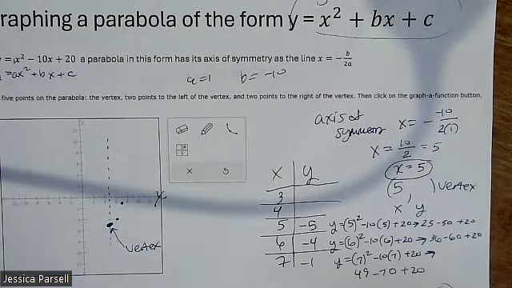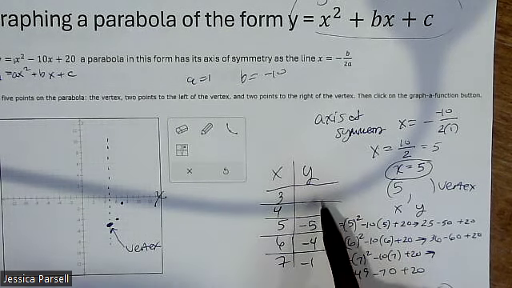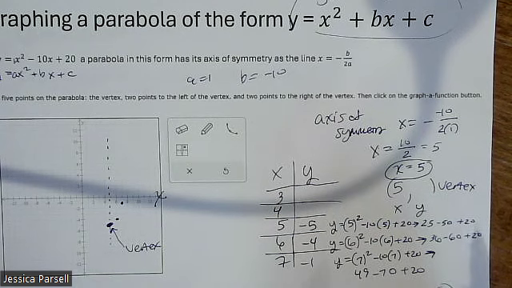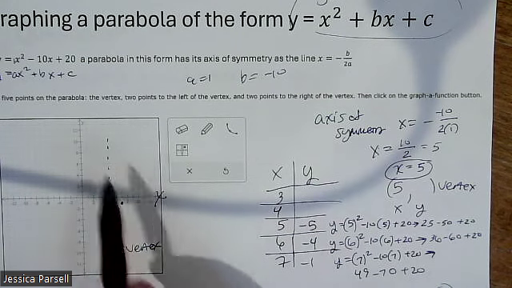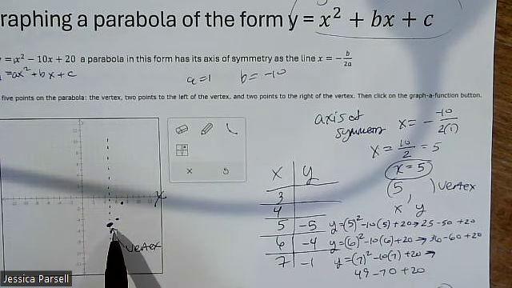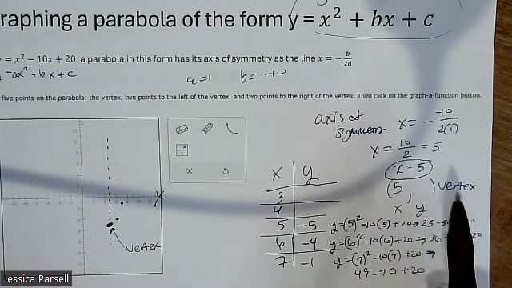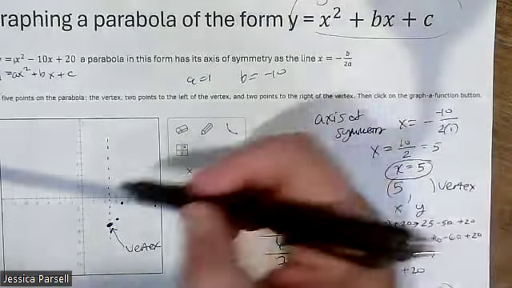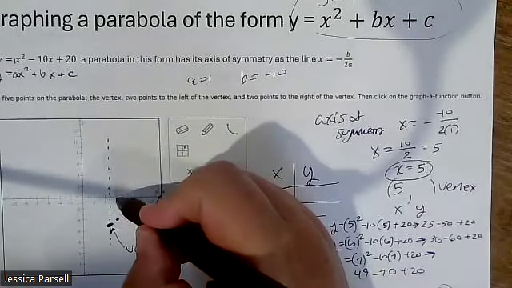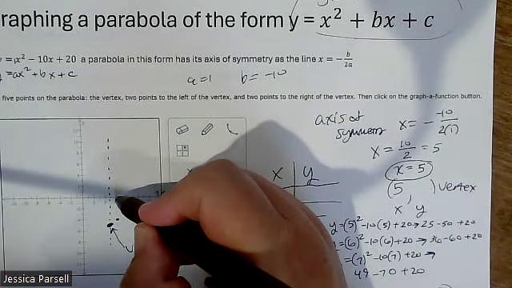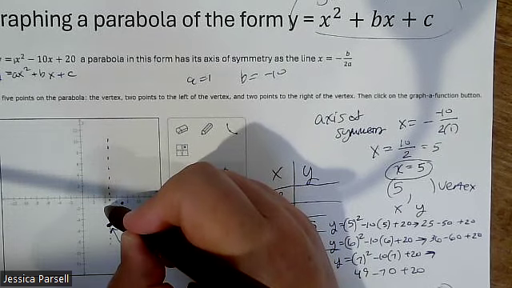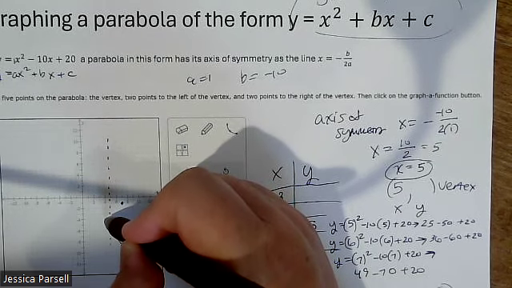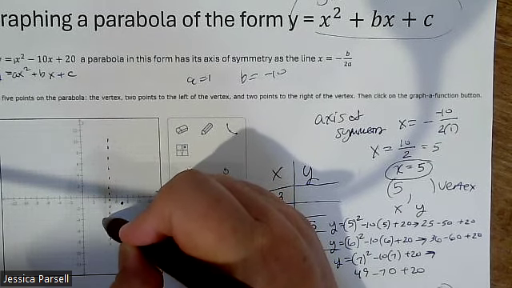Okay, now we could go through this again using 3 and 4, but we could also use the fact that we know that a parabola is cut exactly in half by this axis of symmetry. So we can use that to our advantage without doing the actual math here. So we came over to 6 and dropped down to negative 4. So if we come over to 4, we should also be able to drop down 1, 2, 3, and down to negative 4, right?